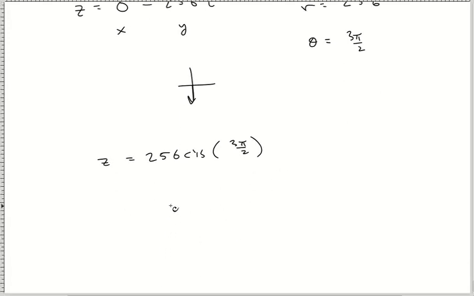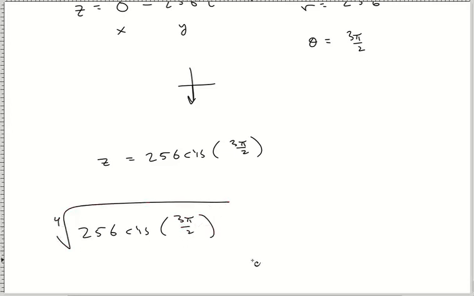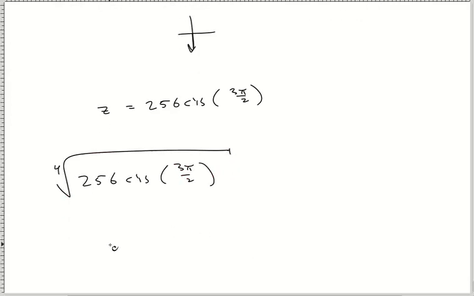And they're wanting to do the fourth roots of that. Okay, I guess in a way they're saying the fourth roots of 256 CIS 3 pi over 2. So how does that work? Well, I'm going to have the fourth root of the 256 CIS of, and this is where it gets a little tricky, okay? I'm wanting to now divide by 4.